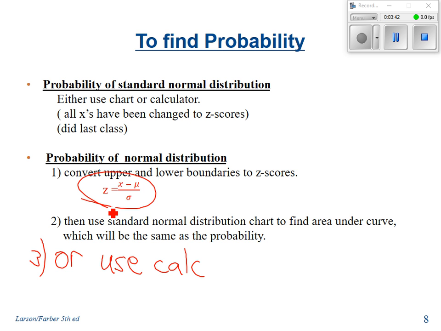Normally you couldn't compare those two, but if we change them both into z-scores, then we can compare. You can say, hey, on the history exam I was 1 standard deviation above the mean. On the phys ed I was only a half a standard deviation above the mean. So you did better on the history exam.